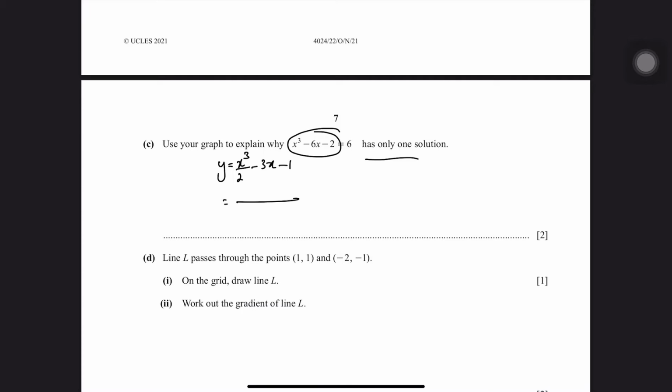So I can say that I've taken a common denominator, and then I've cross multiplied. So 2y equals x cubed minus 6x minus 2. So if 2y is equal to 6x, then y equals 3.